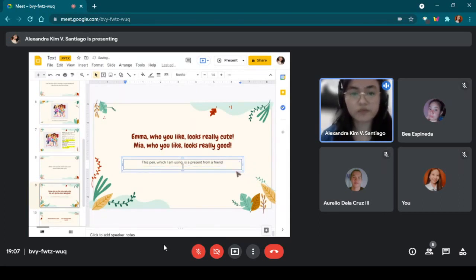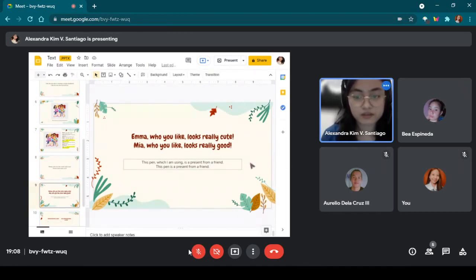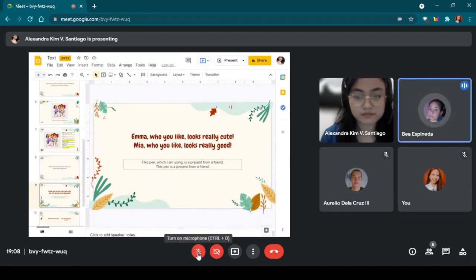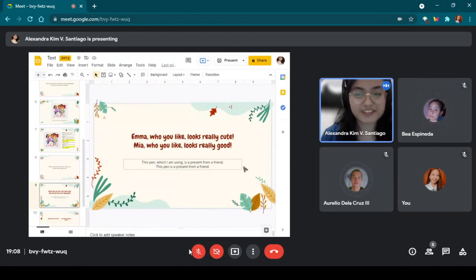Now, if we remove the relative clause there, we will end up with, this pen is a present from a friend. Now, is Miss Raimundo's example sentence correct? Yes or no? Yes, ma'am. Very good. Are there any questions about non-defining relative clauses?